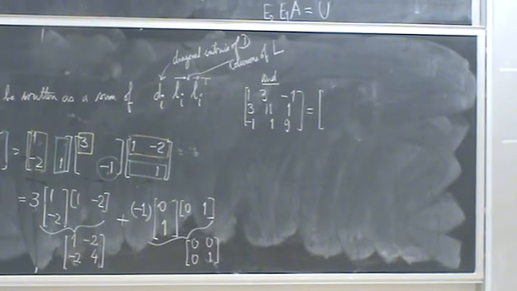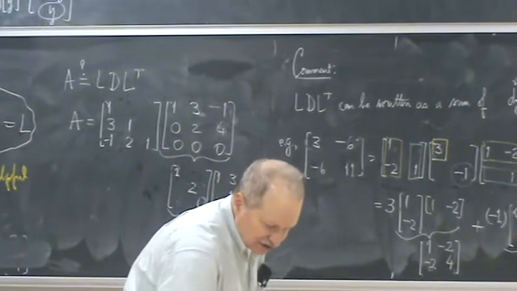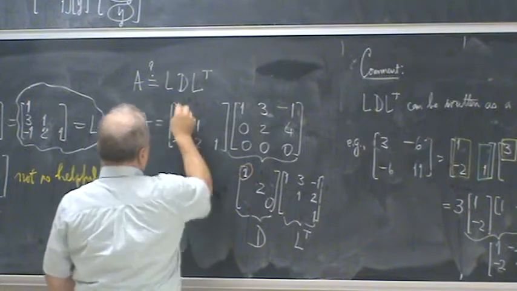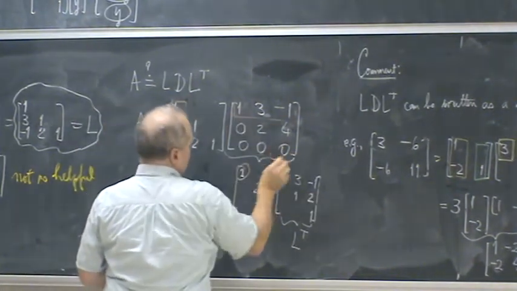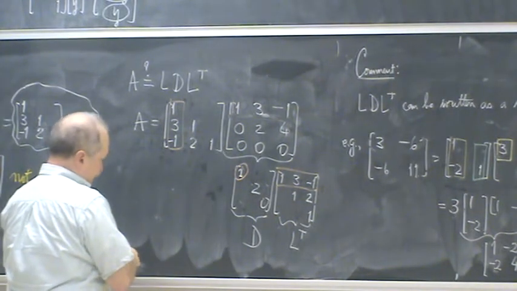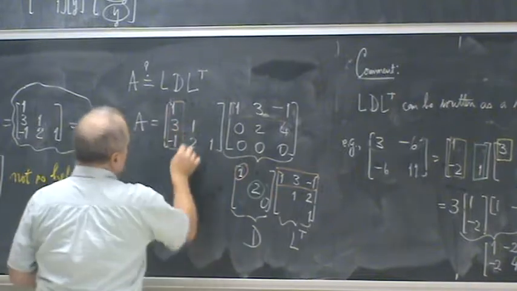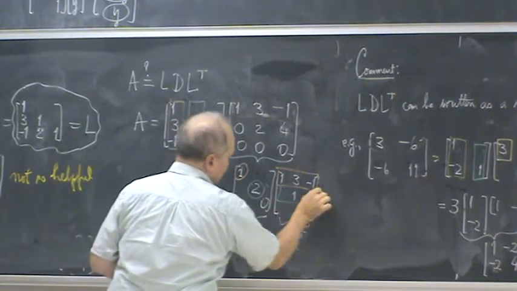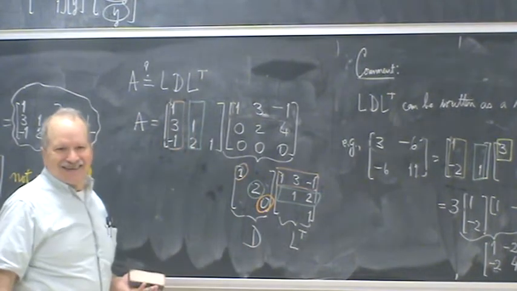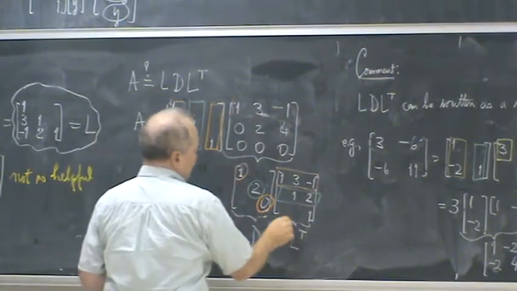I'm supposed to split it into 3 pieces corresponding to the 3 entries of D. That's the first one. Then I have the second one, which goes with the second column and the second row. And then it's sort of stupid here, but I have the third one, which is stupid because it's 0, so I'm not going to see this stuff here.